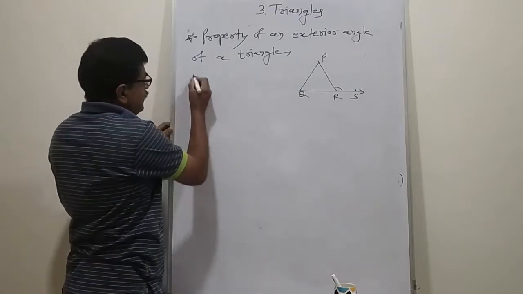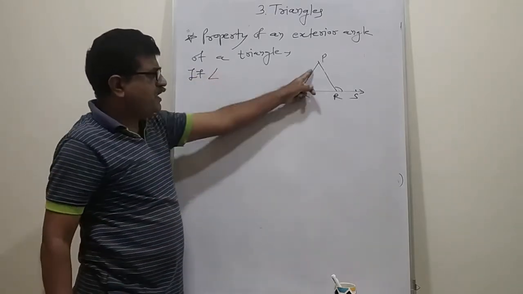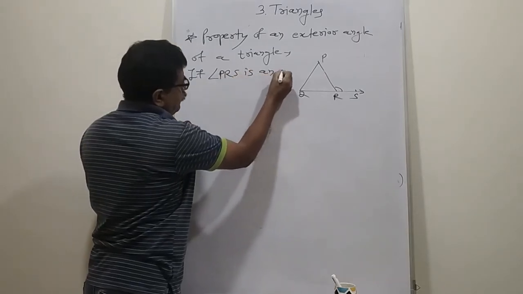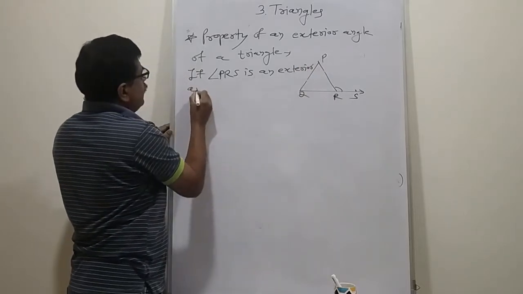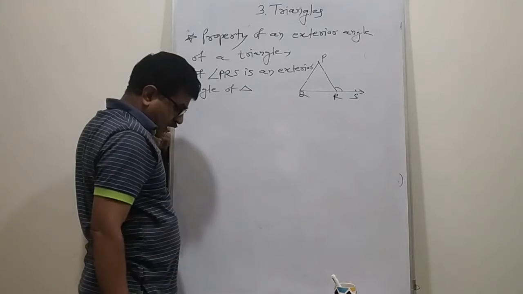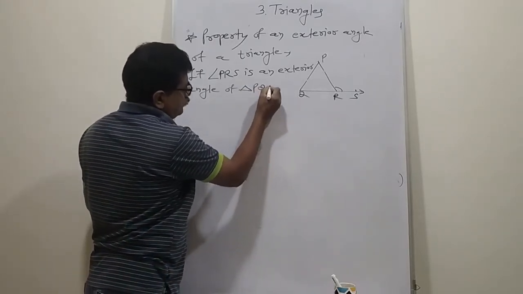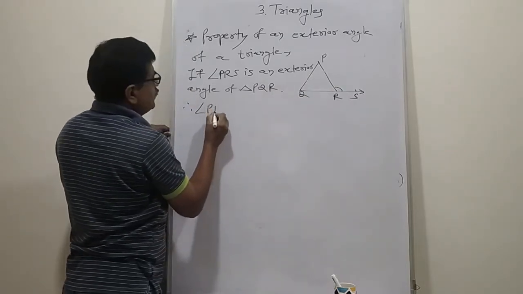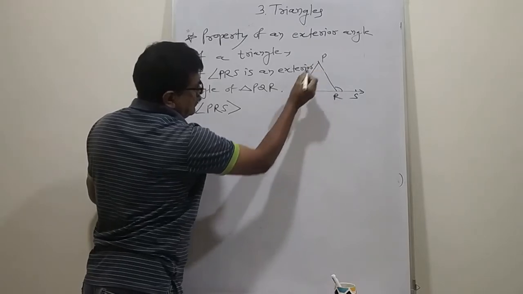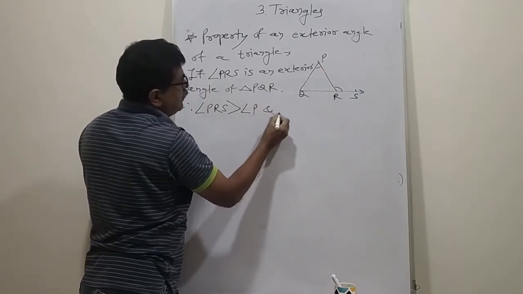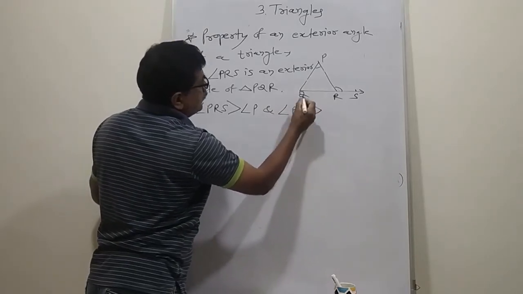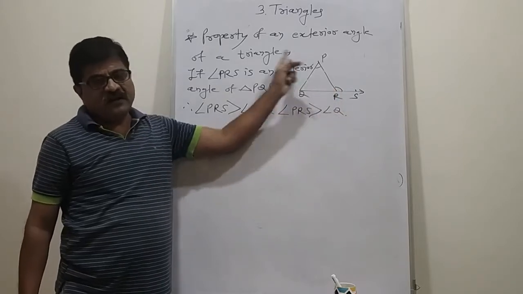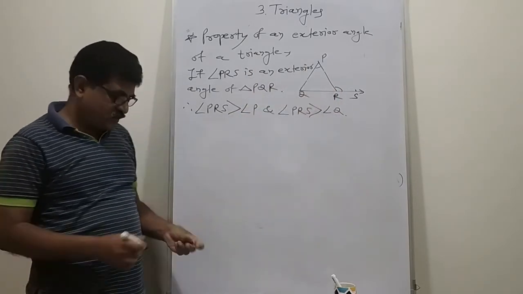Therefore, we can write down: if angle PRS is an exterior angle of triangle PQR, then angle PRS is greater than angle P, and angle PRS is also greater than angle Q. That is, an exterior angle of a triangle is always greater than its remote interior angles. This is the property.